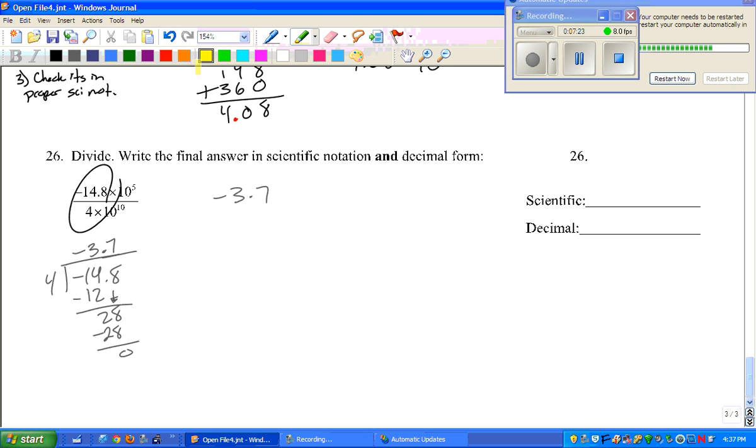And now we're going to subtract those exponents. What is 5 minus 10? And that gives us negative 5. So this is negative 3.7 times 10 to the negative 5th.